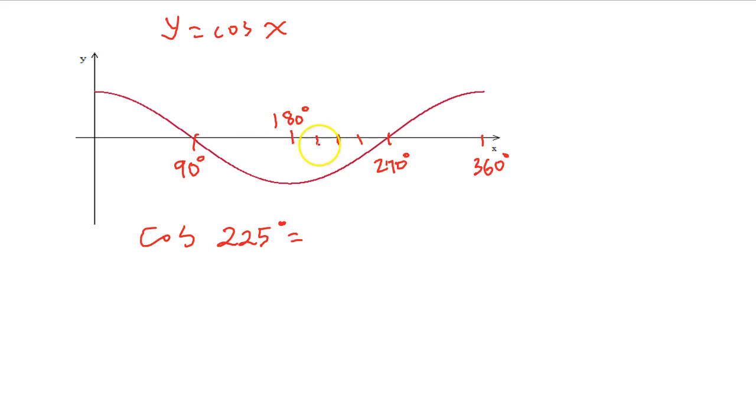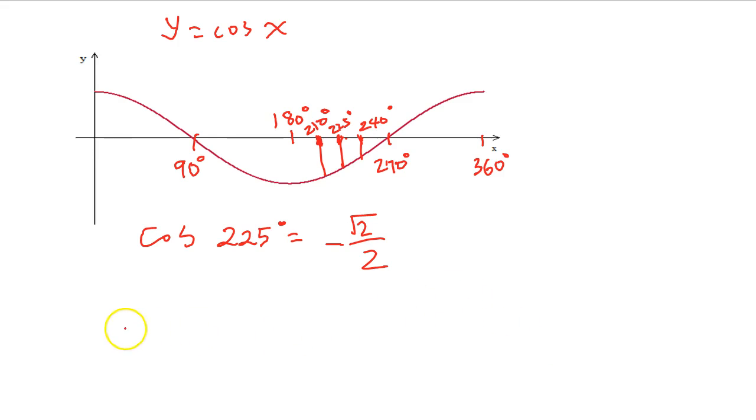So if you did 30, 45, 60 plus 180, this angle is 30 plus 180, so this is 210, 45 plus 180, that's 225, and 60 plus 180, that's 240, and those are the 3 lengths. And as you can see, small, medium, large, this one's the middle one, so it's among the 1, 2, 3, it's a 2. And because it's going under, it must be negative. That's how you figure out the value of sine and cosine over the special angles.